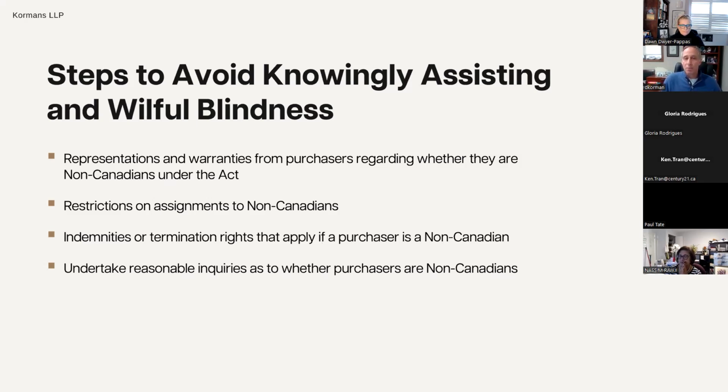How about if we put a clause right into our agreement of purchase and sale where the buyer represents and warrants that the buyer is not a non-Canadian, so the buyer can complete this transaction, and the buyer will indemnify the seller and all of the seller's people that are part of this process: their agent, their mortgage broker, their lawyer, their accountant, etc. Indemnify us all, because if it turns out you're telling us a falsehood, we don't want to be subject to penalties.